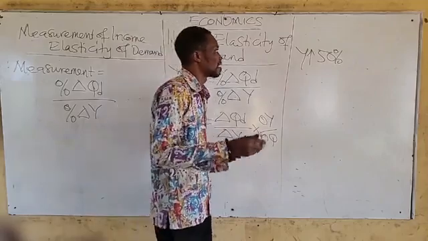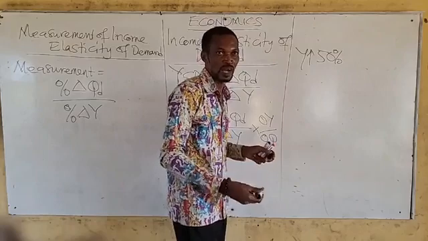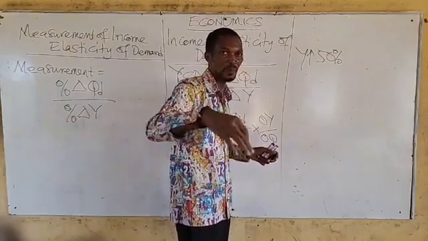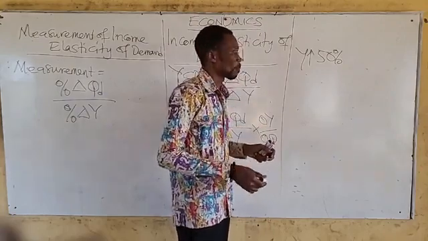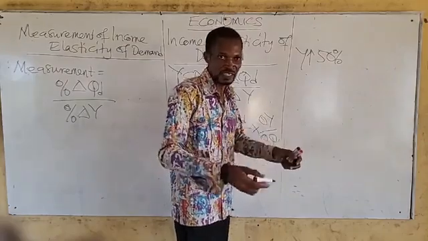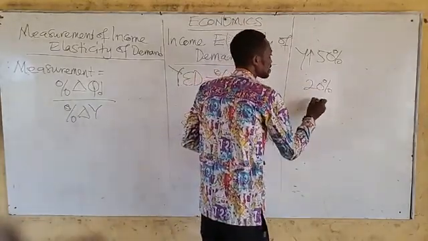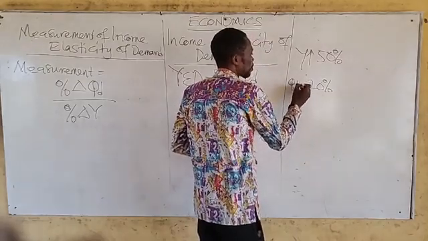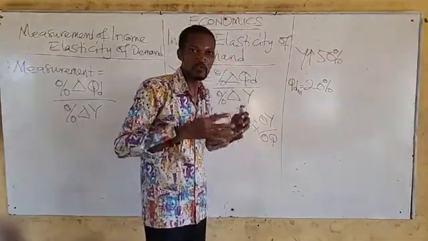So, for instance, the person's income increases by 50% and the person buys a particular commodity, for example a marker, as I'm using, and goes to buy more of it. The change should be measured in percentage. So if the quantity demanded of the marker goes up by 20%, income elasticity is going to give you the measurement.